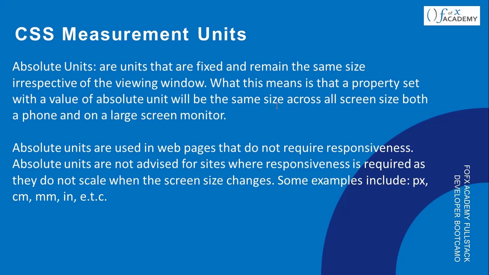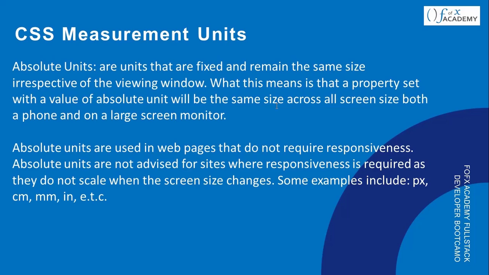Absolute units are used in web pages that do not require responsiveness. Absolute units are not advised for sites where responsiveness is required, as they do not scale when the screen sizes change.